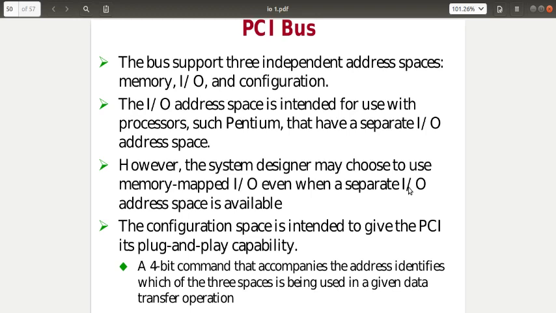The designer may choose to go for memory mapped IO instead of an isolated IO. It depends on the purpose or the designer. And then the configuration address space is used for configuring the plug and play capacity of the PCI bus.